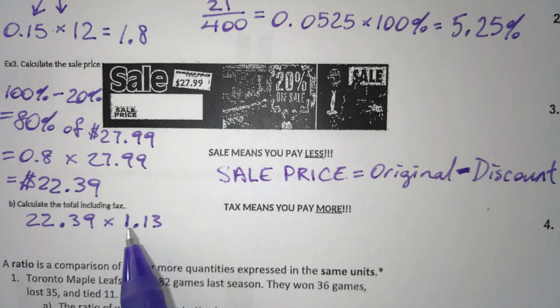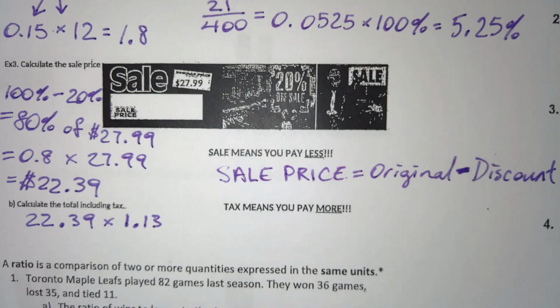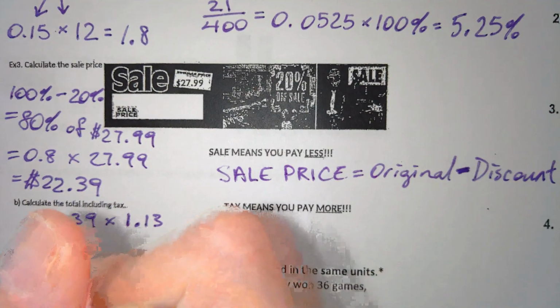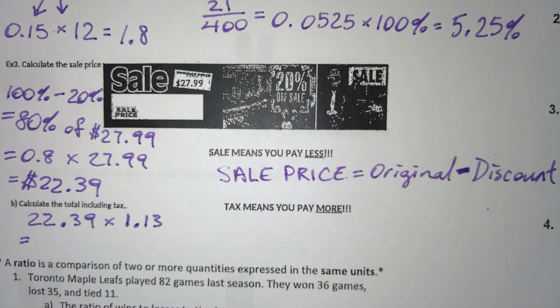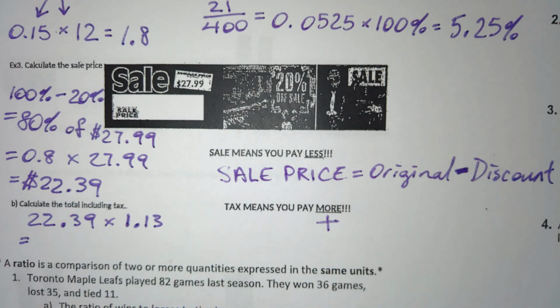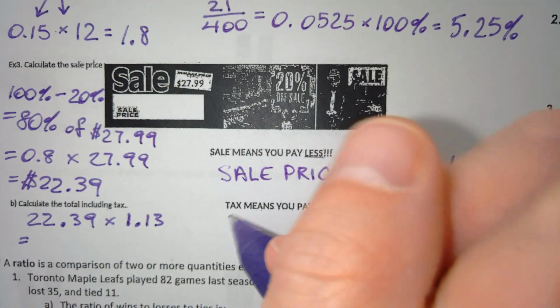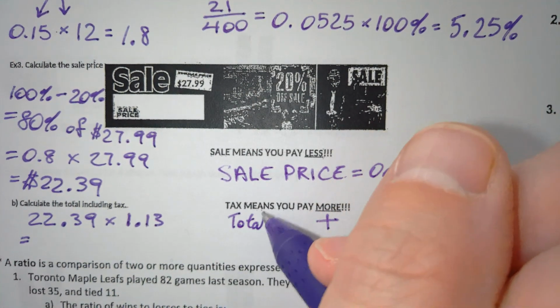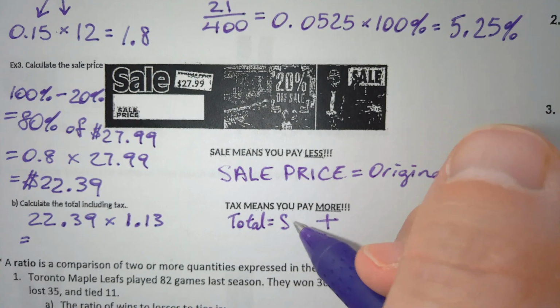Okay. So I thought it was just 13%. Why are we timing by 1.13? Because if you did the other way with 0.13, you only get the tax part, and you have to add it. But since you're doing 1.13, it just saves time.